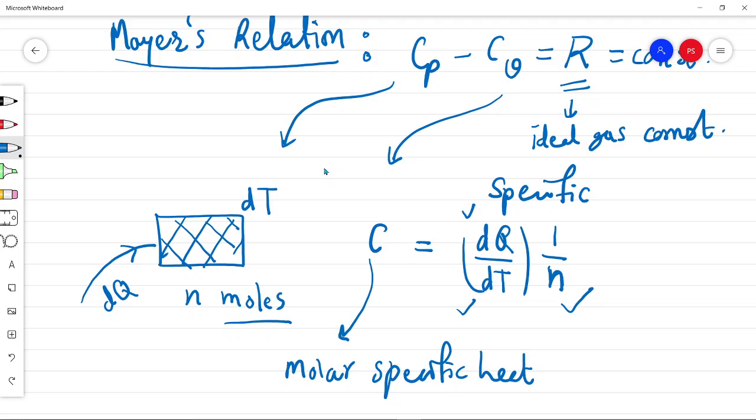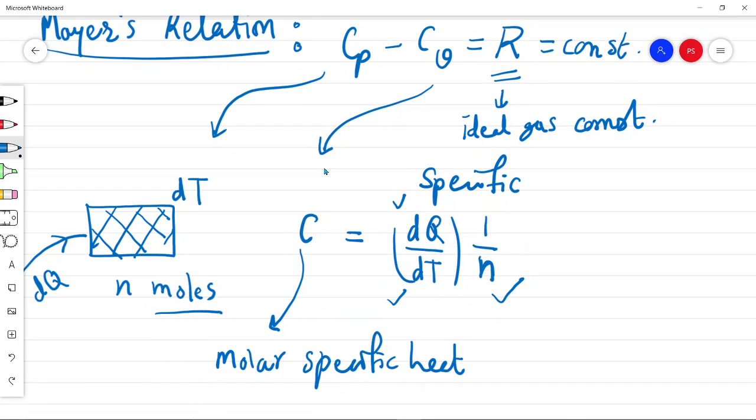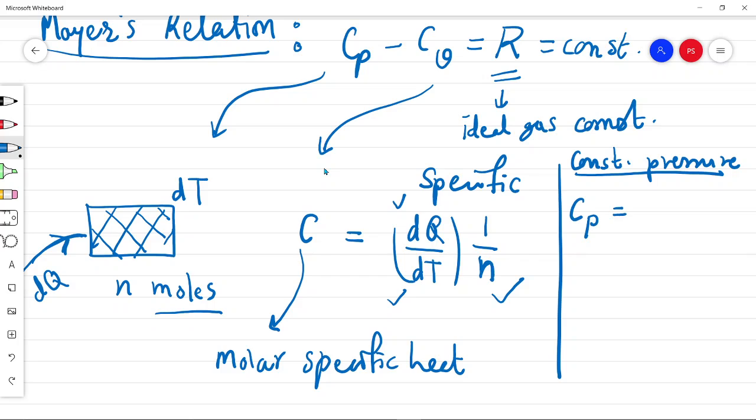Further, we can define two types of specific heats in this case. If this particular process of supply of heat dq is carried out at constant pressure, then we define the specific heat at constant pressure Cp as dq by dT at constant pressure.